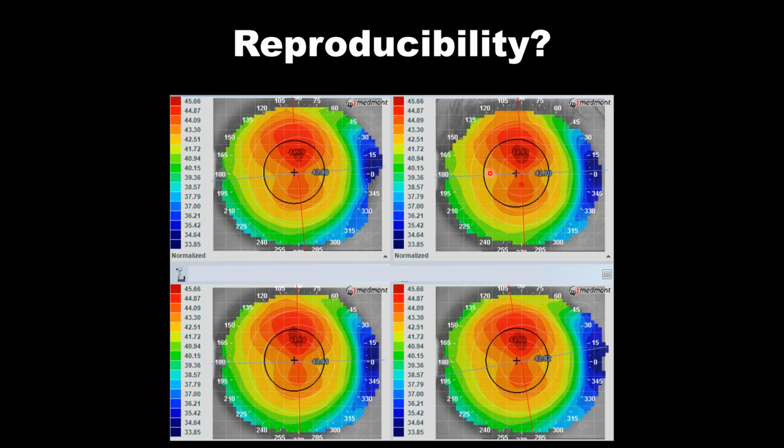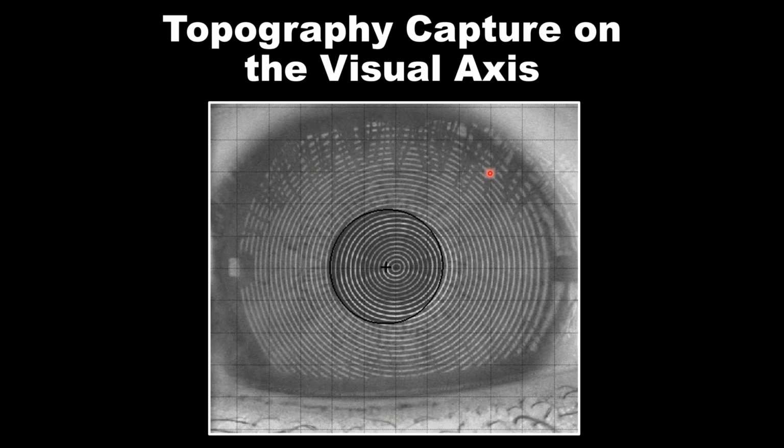The astigmatism in the center appears similar. The corneal coverage, the way the eye flattens from center to periphery, these are very reproducible captures. Now, I don't know if they're 100% accurate, but I at least know that they're reproducible, and that gives me some confidence.